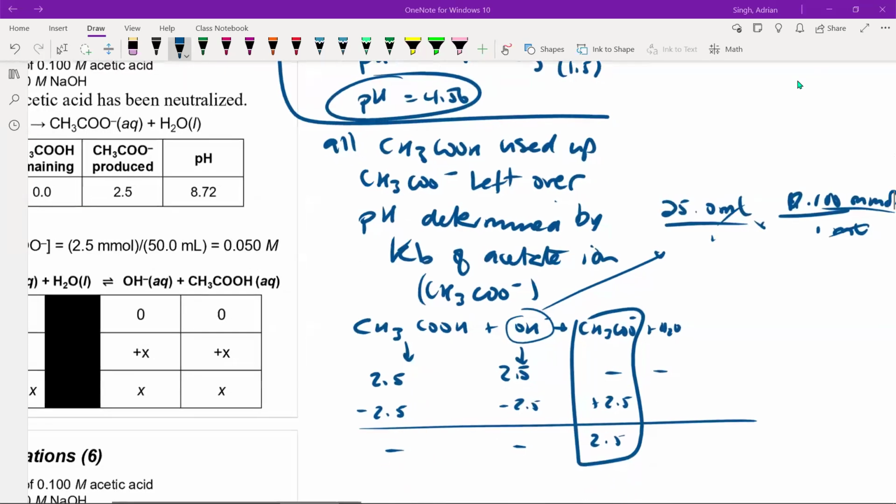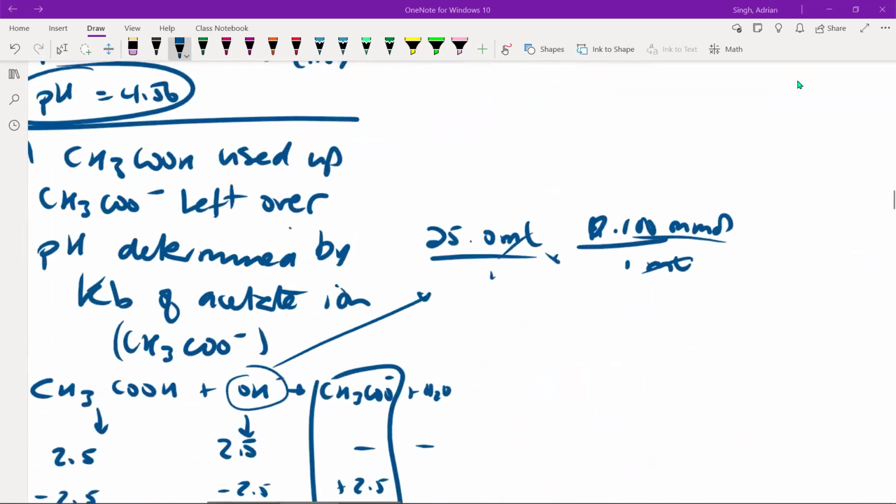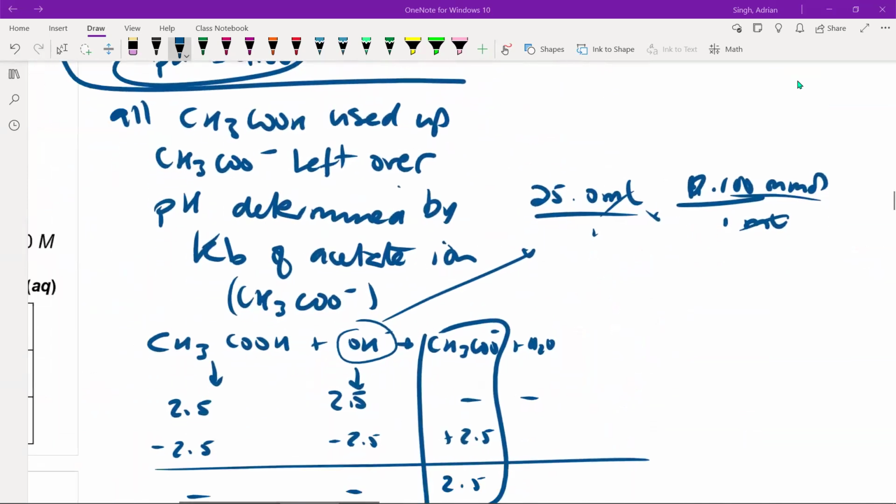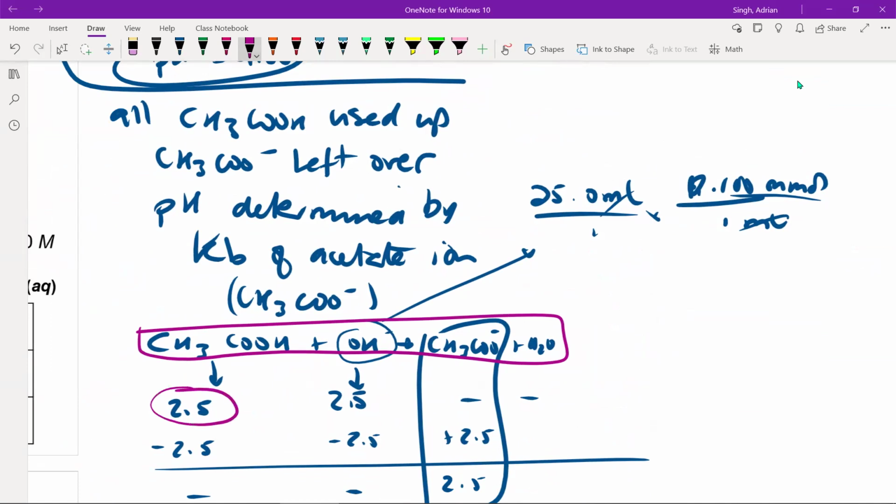So we have our equation that shows how the hydroxide ion reacts with acetic acid, right? So we have the same equation we've seen previously above, neutralizes it to produce the acetate ion, we get H2O. So originally we have our 25 mL of the acetic acid in the flask, so that gives us the 2.5 millimoles.